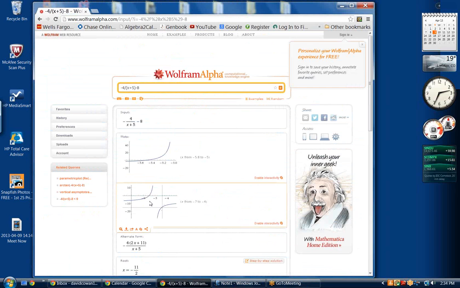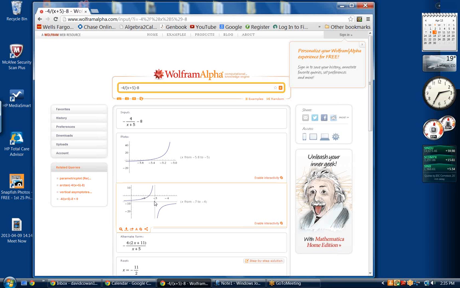It is in the second and third quadrants. Oh. Notice that if I put the cursor right here, where the vertical asymptote and the horizontal asymptote are, right there, it's in the second and the fourth quadrants.